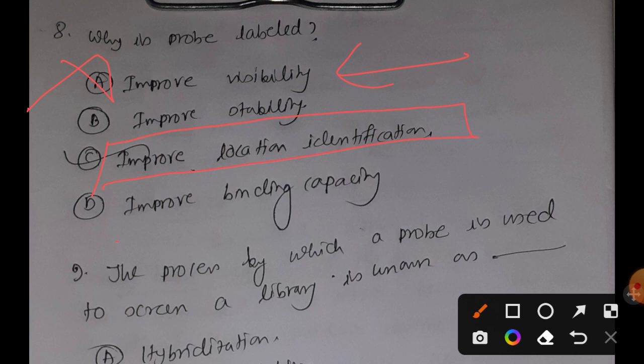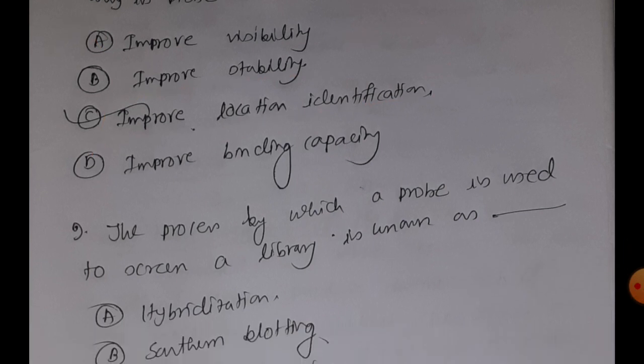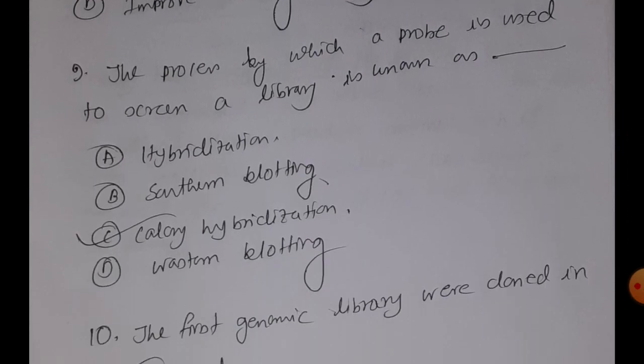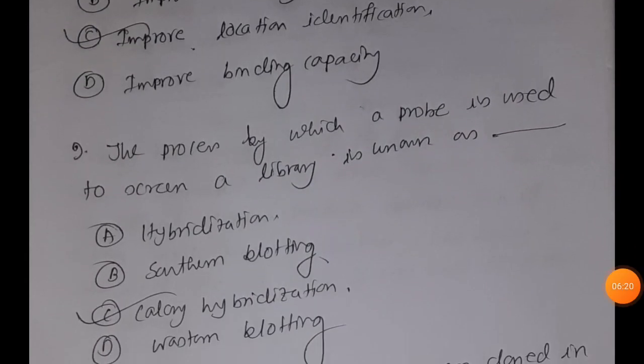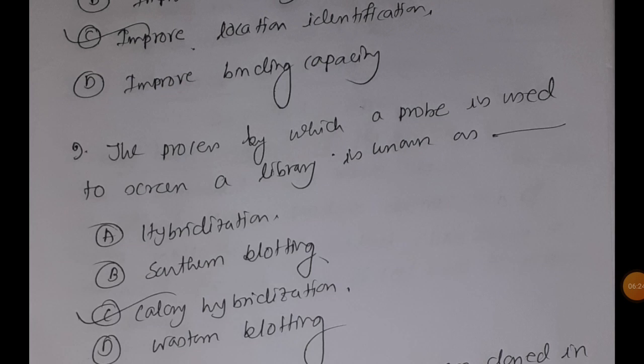But it does not improve visibility, because visibility can be improved for something that already has some extent of visibility, but a probe totally lacks it. So improve location identification is the most appropriate option for the question.